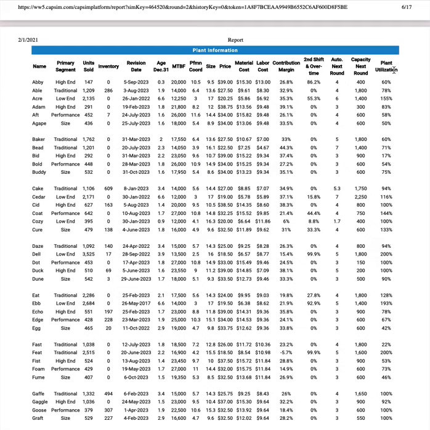So plant utilization. Ideally, if you hit 140 to 180%, you really get a good score on the plant utilization. However, make sure that if you hit that plant utilization, you'll be able to sell that much product you produce.